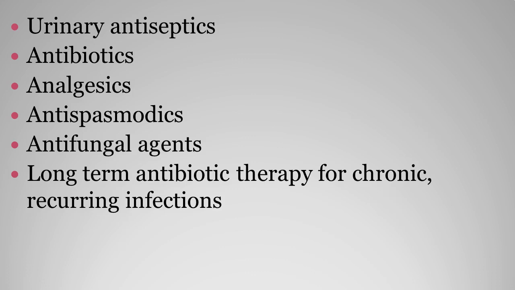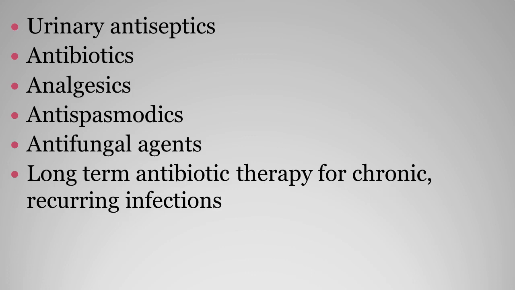As I said before, if these infections occur frequently, a cystoscopy may be done to identify any abnormalities, such as bladder calculi, bladder diverticuli, urethral strictures, or even some foreign bodies. Maybe there's some sutures up there from a previous surgery.